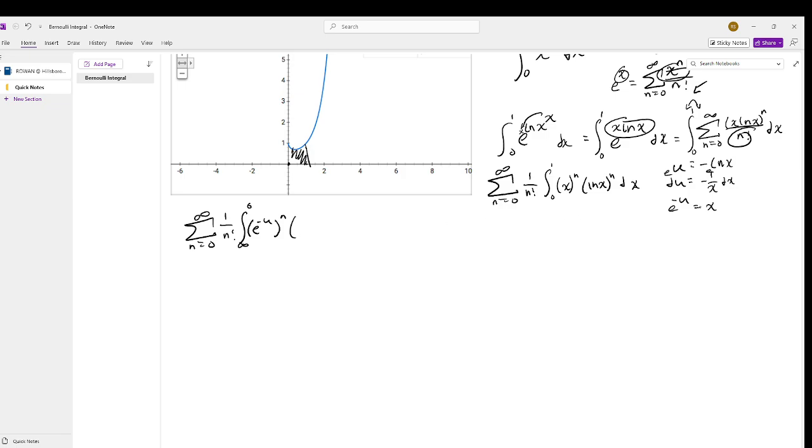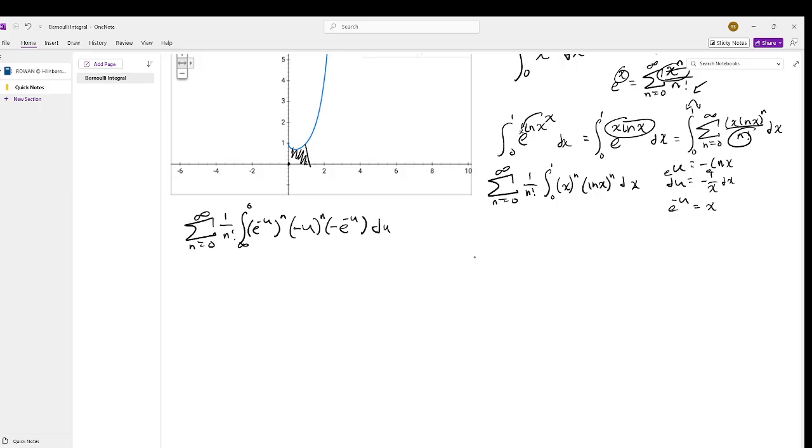We know that negative natural log of x is our u, so negative u is equal to natural log of x, giving negative u to the n. And then we know that dx is equal to negative x du. But we know that x, of course, is equal to e to the negative u, so we get times negative e to the negative u du.